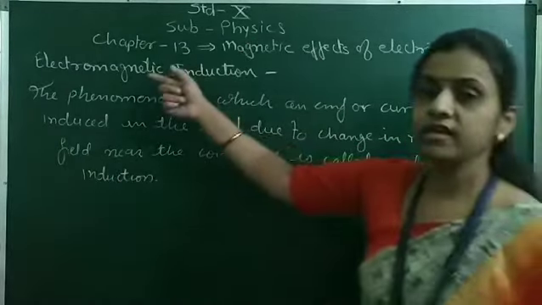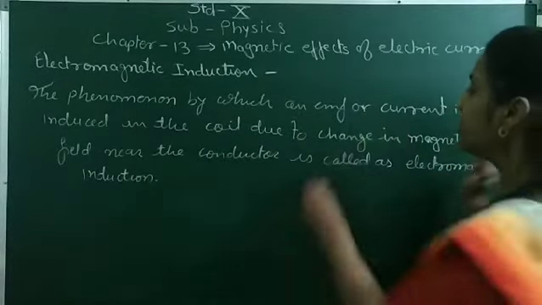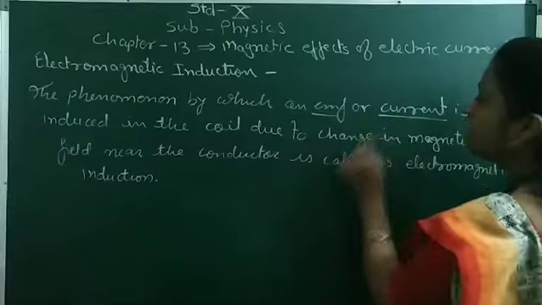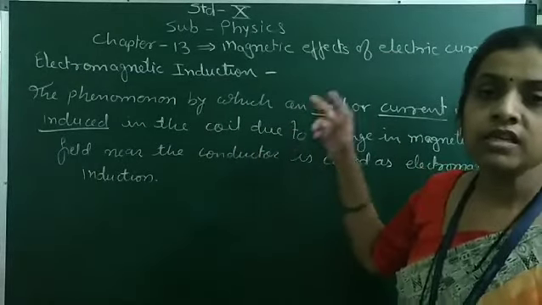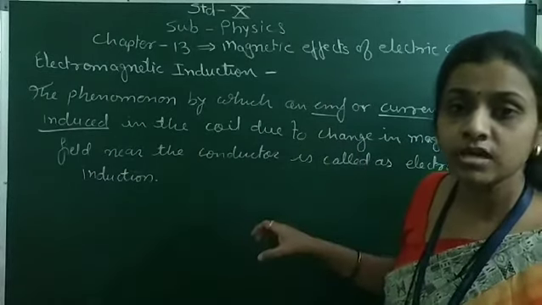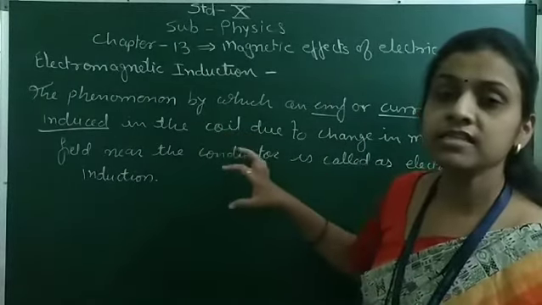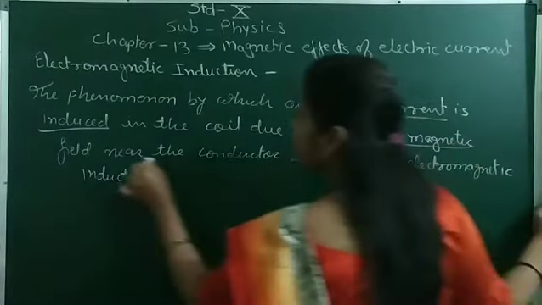So electromagnetic induction is nothing but the phenomenon by which an EMF or current is induced. In electromagnetic induction, the current that is produced is called the induced current, and that current is induced in the coil because of the change in magnetic field.